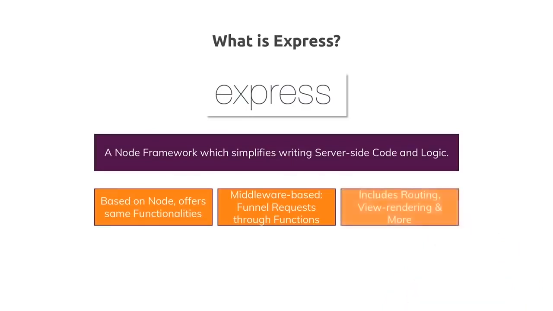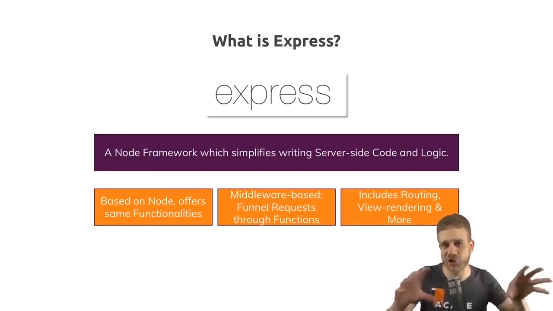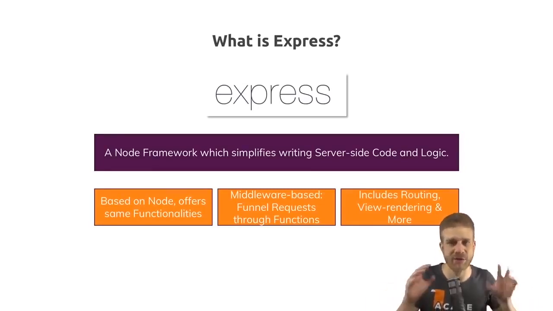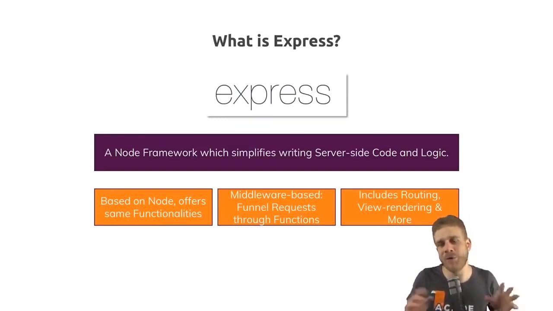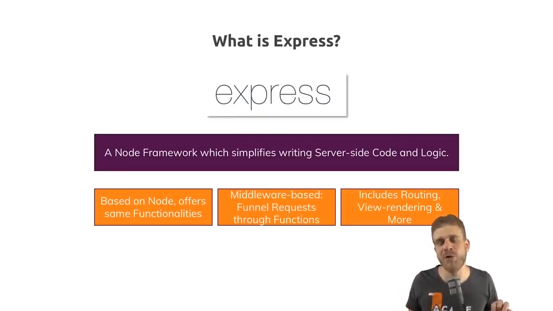And last but not least, it includes routing, which means we could render views, so HTML pages with it. We're not going to do this in this course though, because Angular should handle our entire frontend. And again, this is also something we'll see. But more importantly, we can handle different requests to different endpoints, which will be important for connecting Angular to the backend.